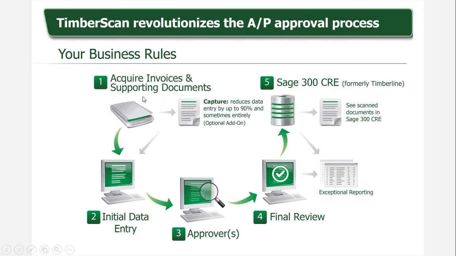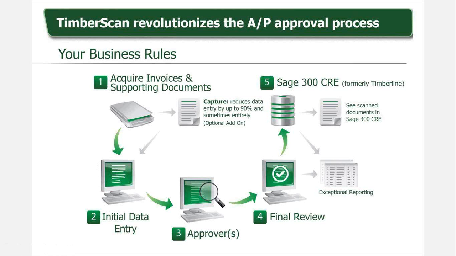So it starts here, and then once the invoices and any supporting documents have been acquired, the paper can, in effect, go away. Everything that happens from that step on can all be done electronically. So once they've been acquired, the next thing that we do is we send the invoices to what we call initial data entry.